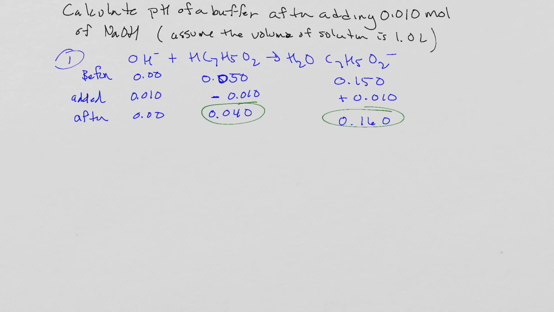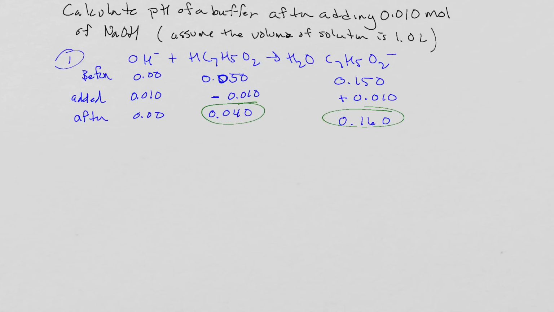If they give you a different volume, well, then of course you would have to calculate the concentration. But since we were given just the concentrations to start with, and if it's not specified, we can just say we have 1 liter, and that way, the moles and the molarity are interchangeable. Makes it a little bit easier in the math.